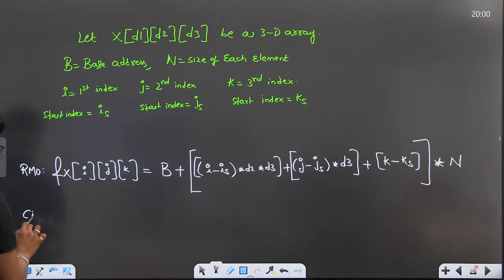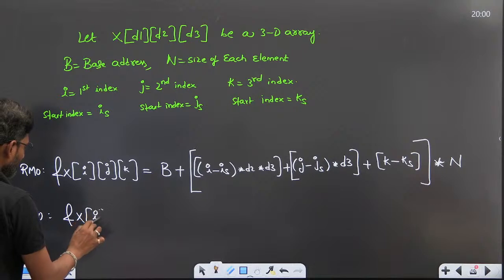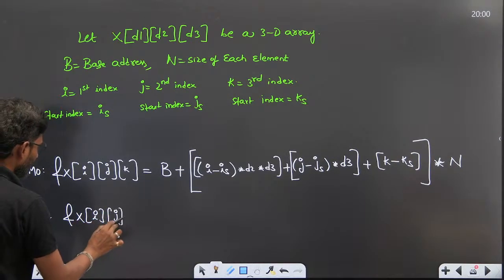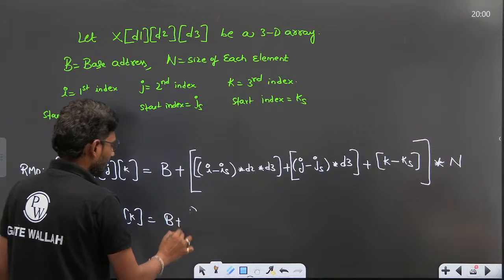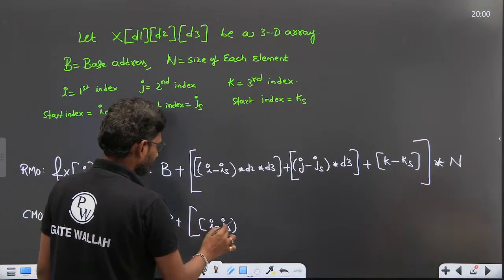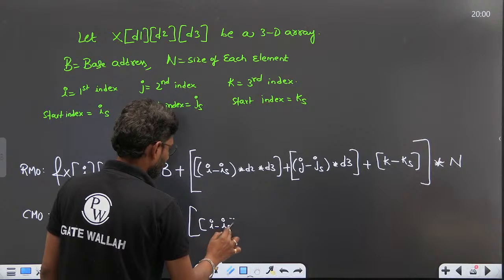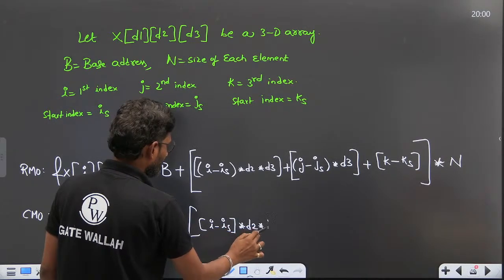If at all you are looking for the column major order, base address plus i minus is into d2 into d3.